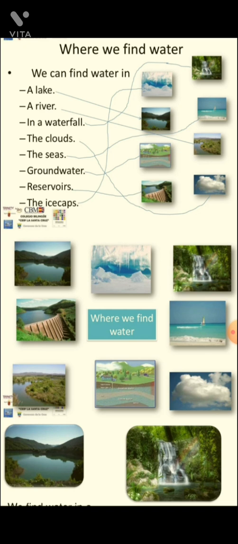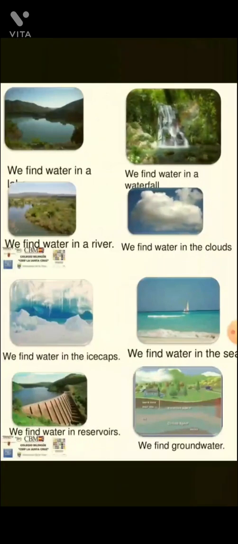That is, 1% of the total amount of water is potable water, which means that we can drink. Remaining water we cannot drink. These are the sources you can see in the diagram. You find water from these resources.